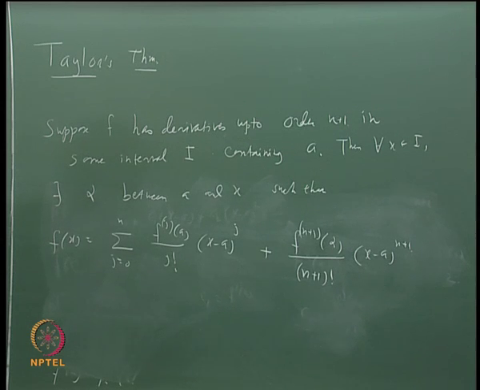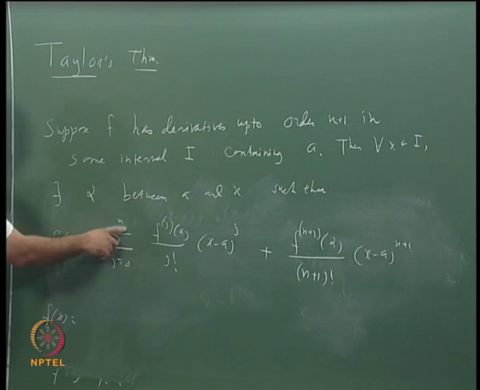First comment is, you can see that if n equal to 1, this is basically the same as the mean value theorem. Suppose n equal to 1, what will happen to the right hand side? f x is equal to, there will be only two terms, j equal to 0 and j equal to 1.